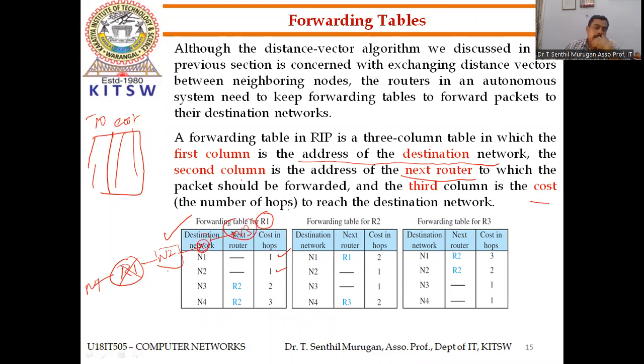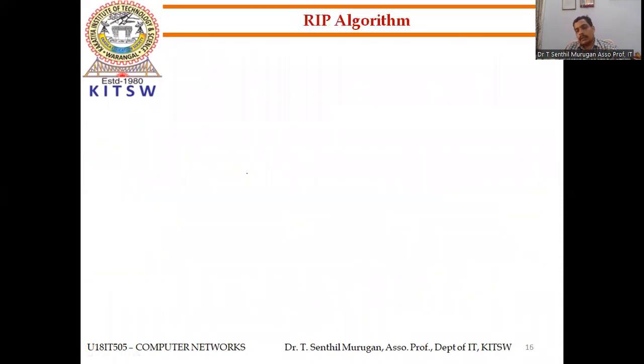So how many hops are there? Through router 2, 1, 2. So 2 hops are there. In the case of another router, router 3, via router 3, how many hops are there? So 3 hops are there. But from this router, it will forward through R2 only. Through R2 only, it will reach 3. So like that, each and every router has a routing table. Based on the forwarding table only, it will forward the data.